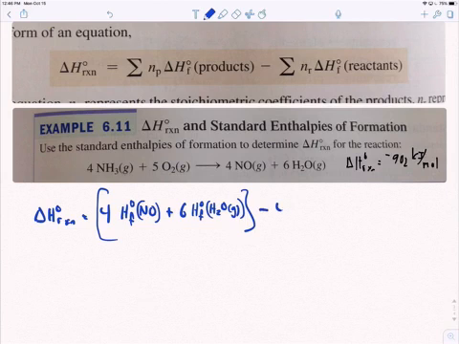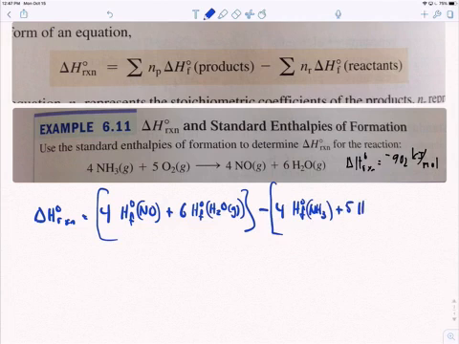minus 4 times the heat of formation of ammonia plus 5 times the heat of formation of oxygen. Like so. So do you see I've applied that equation up there?